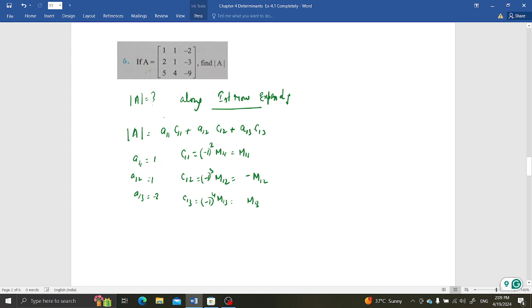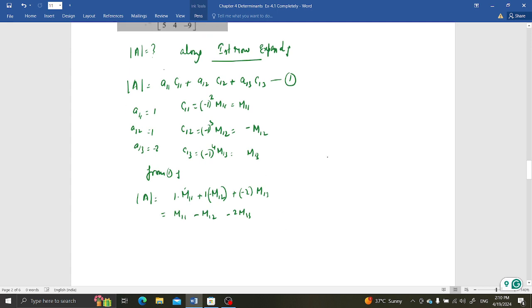So the determinant of A will be 1 into M11 minus M12 plus minus 2 into M13. So actually we have M11 minus M12 minus 2 M13.